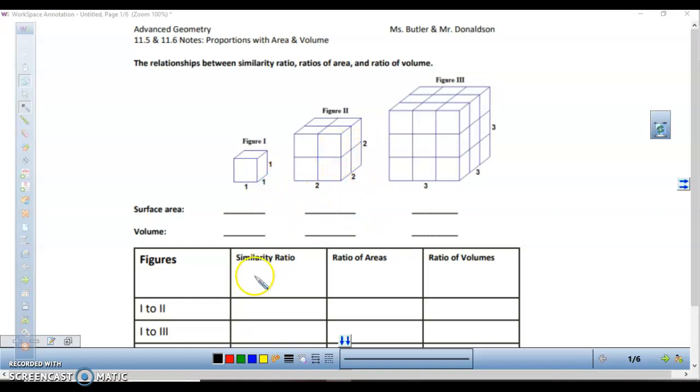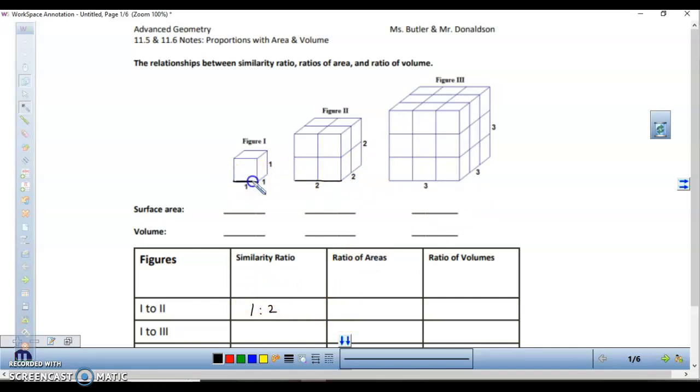So we can go ahead and put that in our little table here. What is the similarity ratio from figure 1 to figure 2? Well, it's simply 1 to 2. Any pair of corresponding side lengths or edges that I match up, I'm going to get a 1 to 2 ratio. What's the similarity ratio from figures 1 to 3?